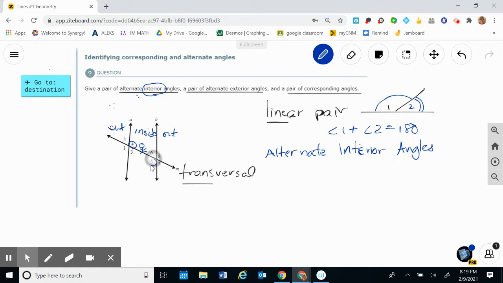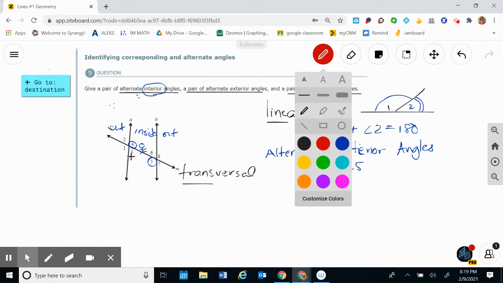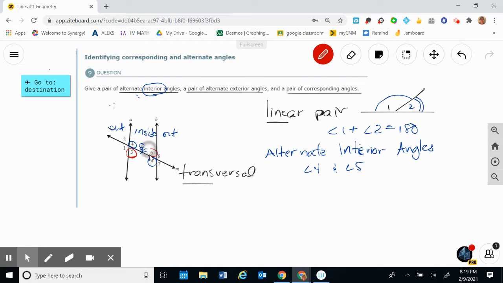So angle 4 and angle 5, and angle 6 and angle 3. Do you see how they're on alternate sides of the transversal? That's where the alternate comes in. It's like an alternate on opposite sides, kind of. So angle 3 and angle 6 are also alternate interior angles.